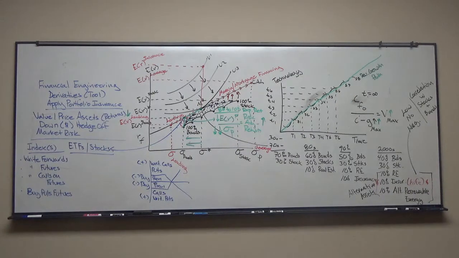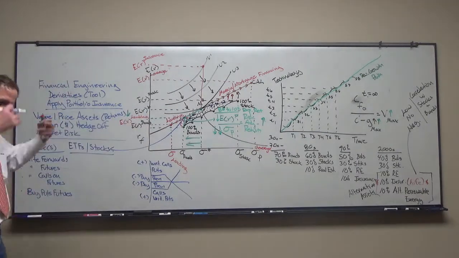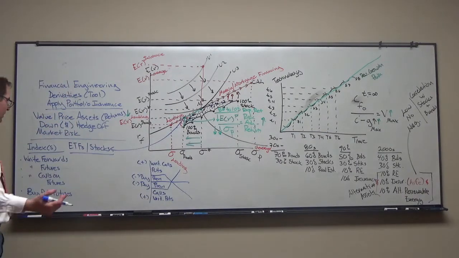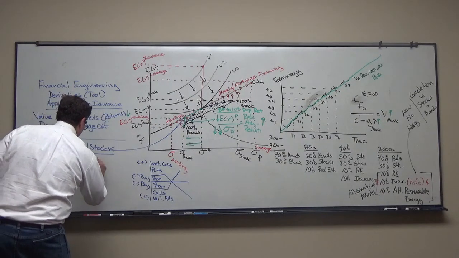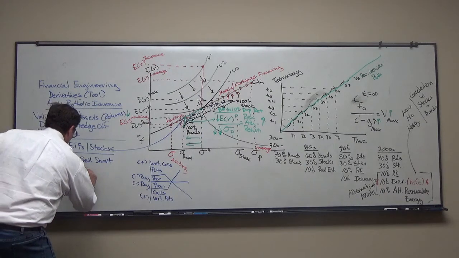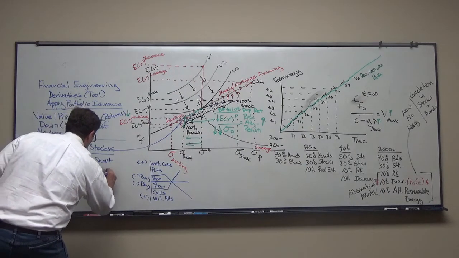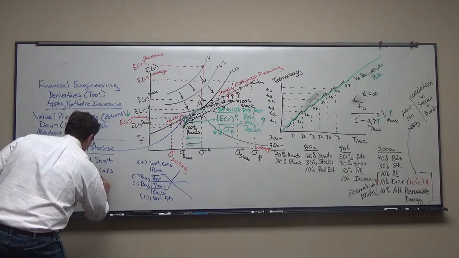Right. Okay. And then since I have ETFs and stocks in my portfolio, I gotta hedge off the downside risk. I can do that by selling short, by writing the calls, and by buying the puts.